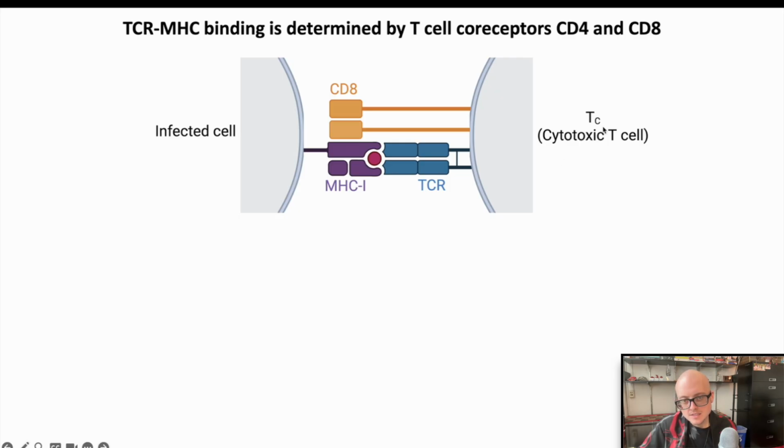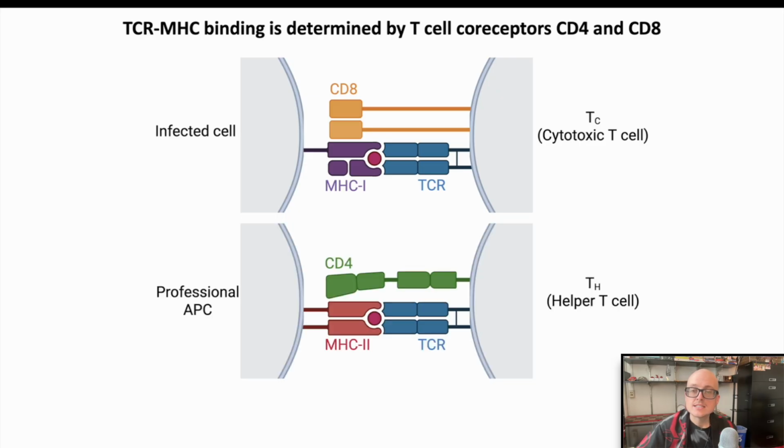So a cytotoxic T cell, because it expresses CD8, CD8 is complementary to MHC class 1, and that's the molecular determinant, basically, that confers the specificity for MHC class 1 onto cytotoxic T cells. Because they only have CD8, they can only interact with MHC class 1 in order to facilitate the recognition of antigen.